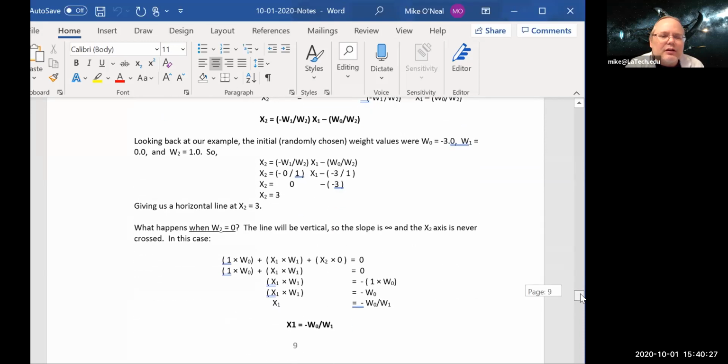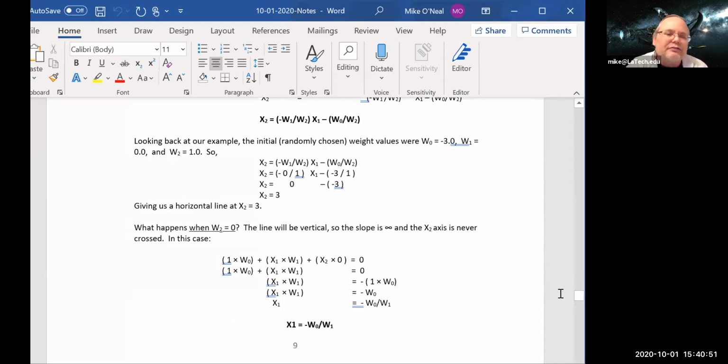What happens when w2 is 0? What happens when the second weight is 0? That can happen, and you try to apply the math. You find that the slope would be infinite because the line is vertical and the x2 axis will never be crossed.